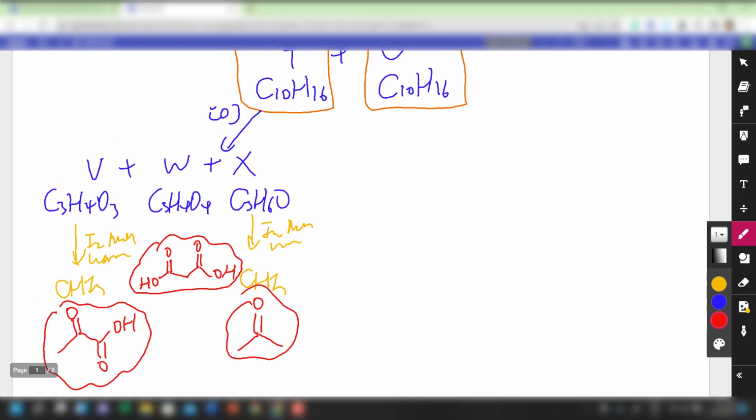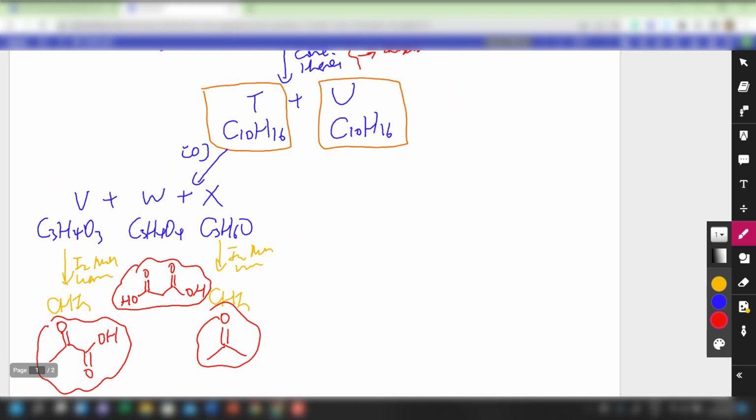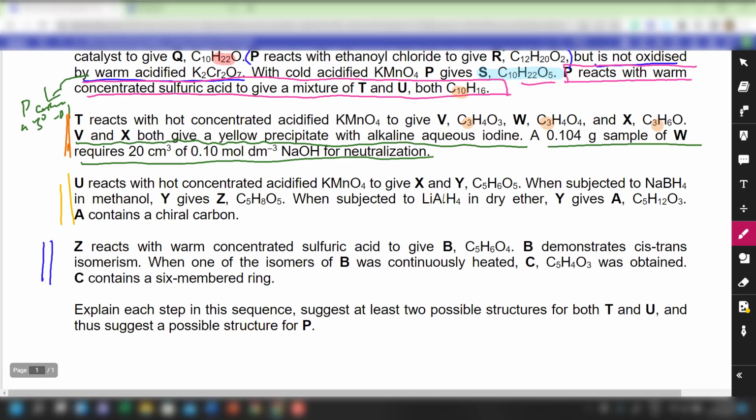Then some of you might be thinking, can I just join them up in any way I want, or in any multiple ways I want, to get T and then work backwards? Yes, that could be a strategy you might want to follow, but do take note that oxidative cleavage of T gives 3 products, V, W, and X, but oxidative cleavage of U, in the 4th paragraph, gives only 2 products.